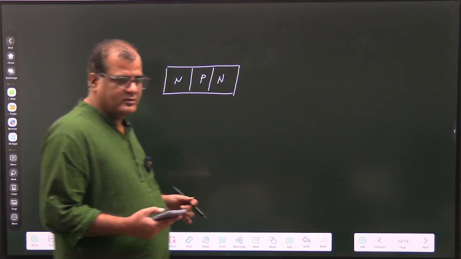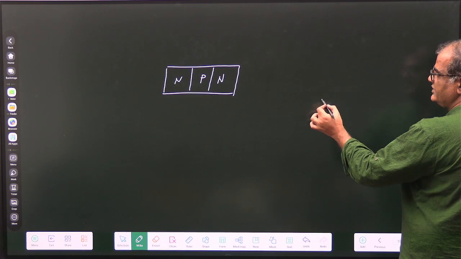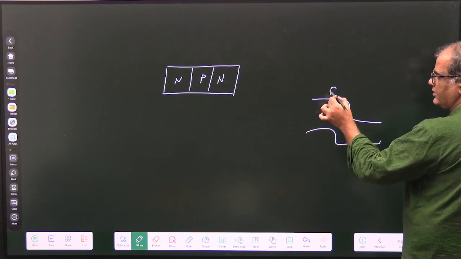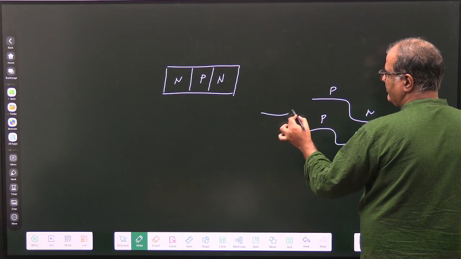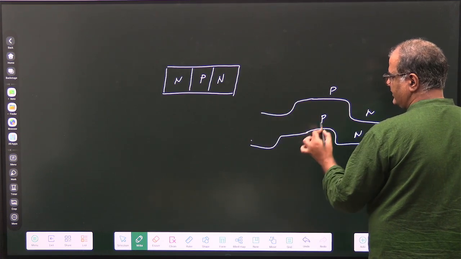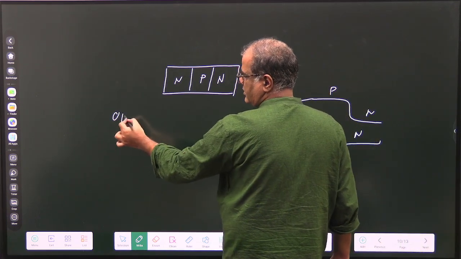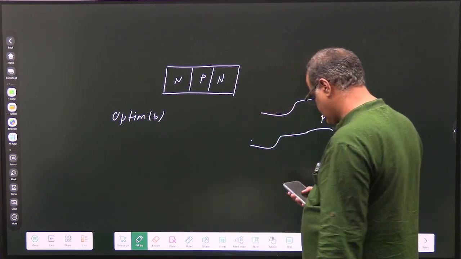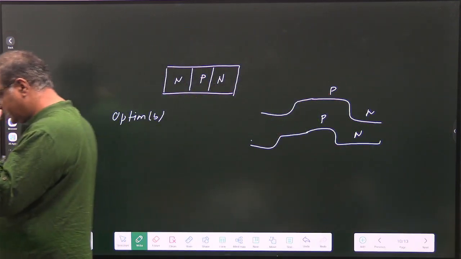B. Okay, why? Because when we draw PN junction I have drawn like this. This is my PN. So NPN will be like this. This is option B. Now see the next question.